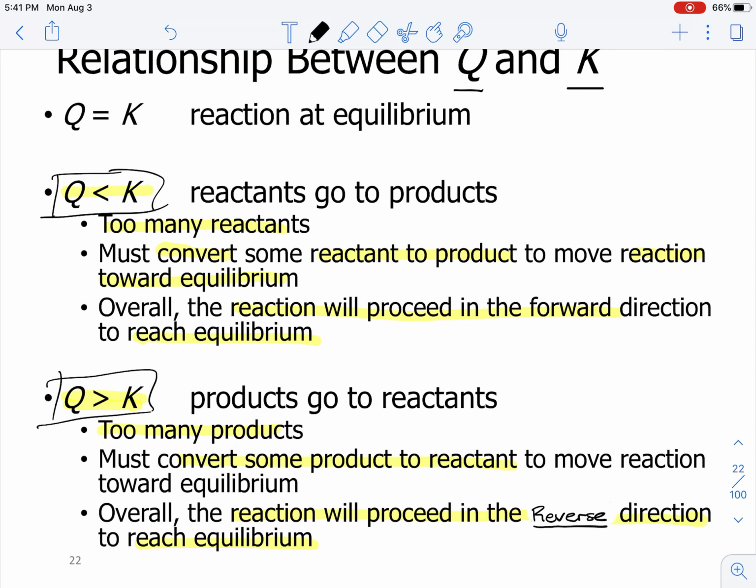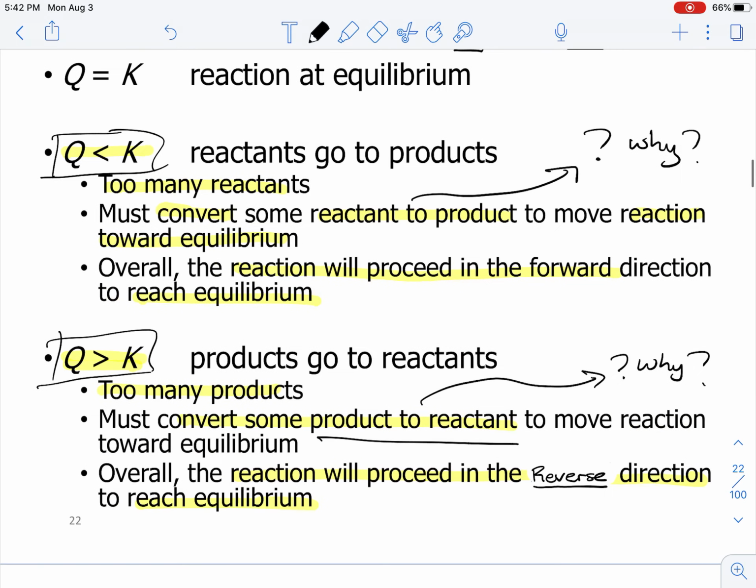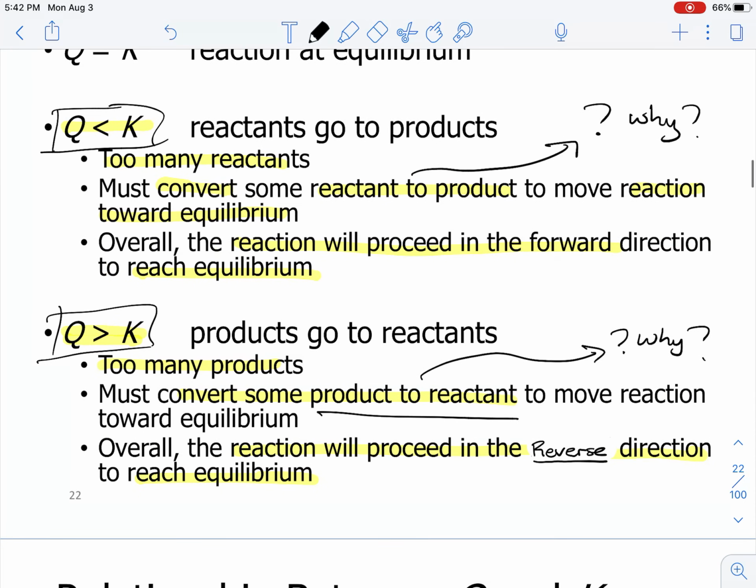Why must reactants be converted to products when Q is less than K, or products be converted to reactants when Q is greater than K? We're going to answer those two questions in the next slide.